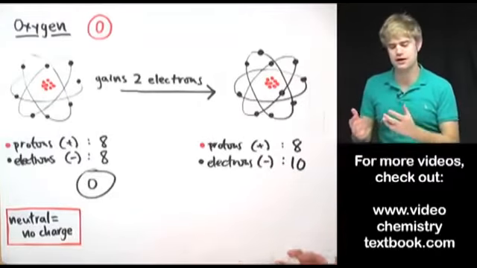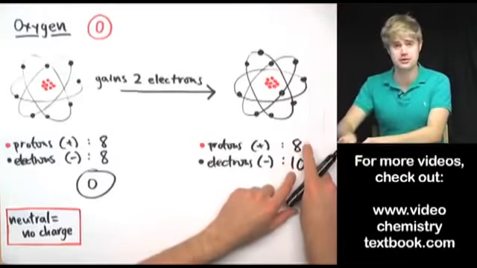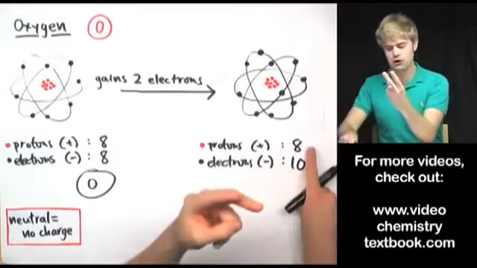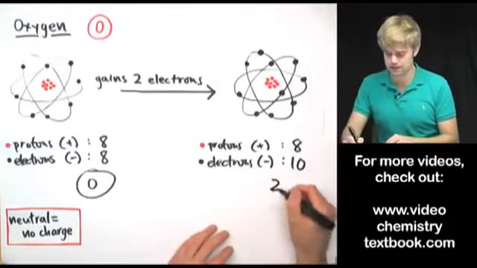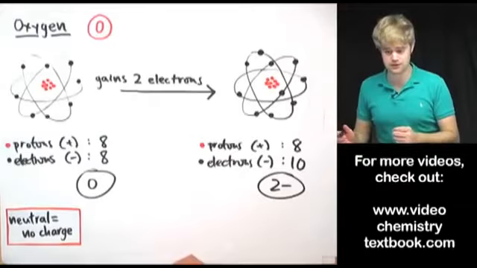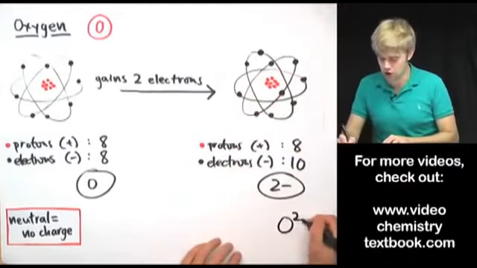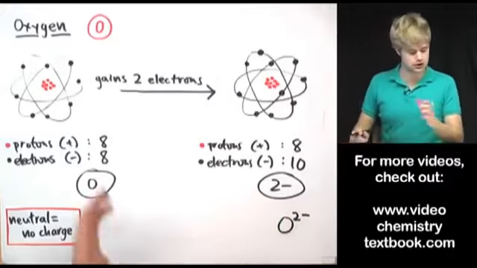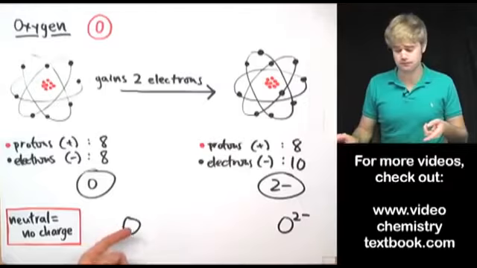So now the protons and electrons don't balance out anymore, and I have more negative charge than I have positive charge. I've got 2 more electrons than protons, so that means that my total net charge is going to be 2 minus. I can write the symbol for this ion as O2 minus to show that it has a 2 minus charge, whereas this neutral guy over here, I can just write O.